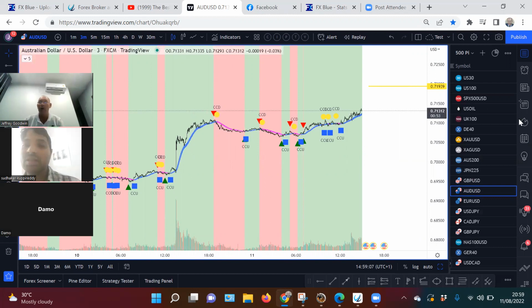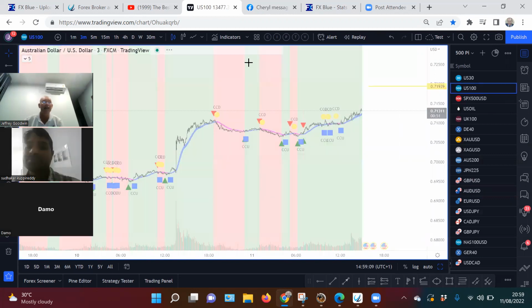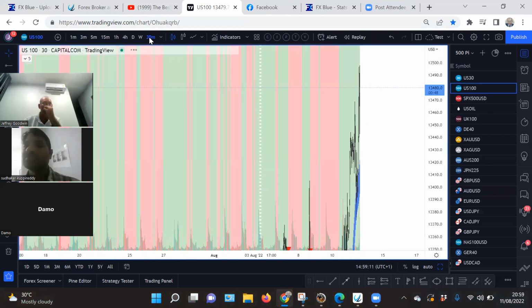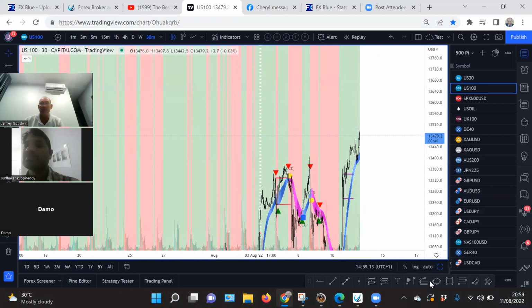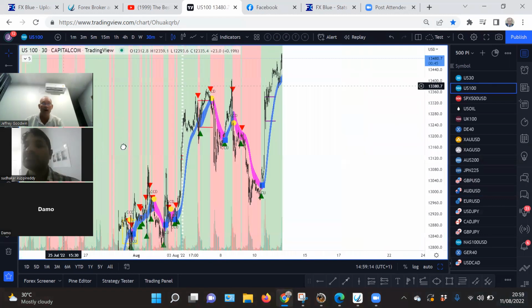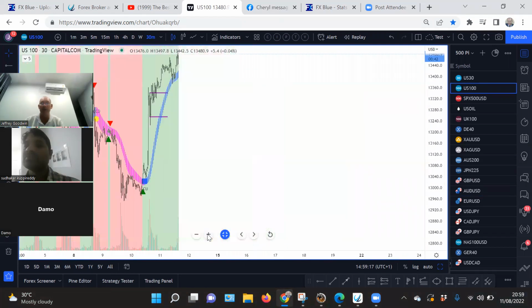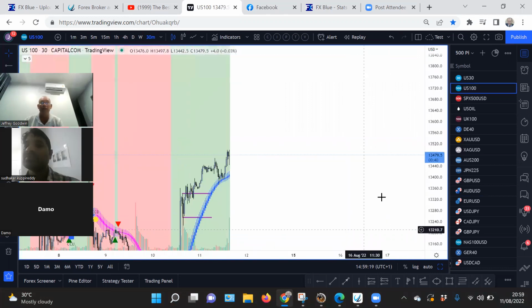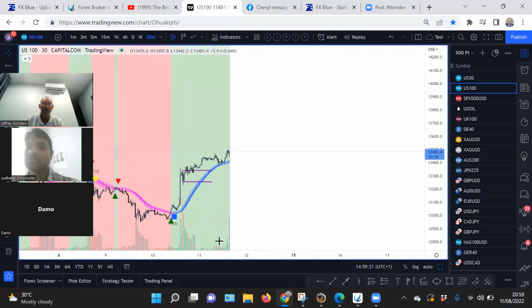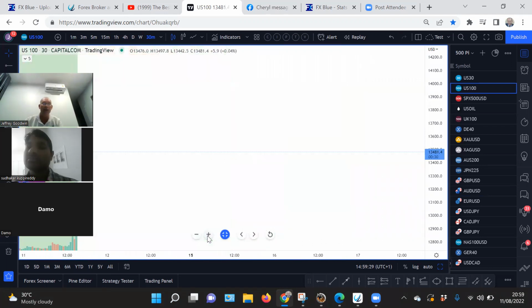Okay, but what I want to do is quickly now go back to NAS on the 30-minute time frame. So you see here, when I'm doing the flow of time frames, I'm not really looking at the candles as such.